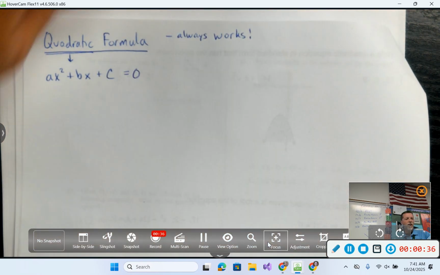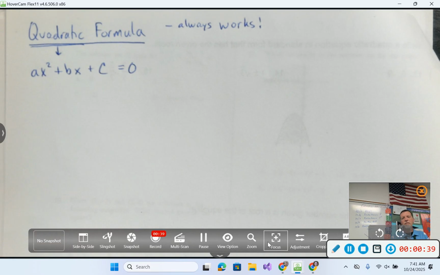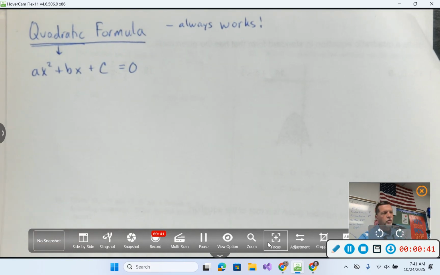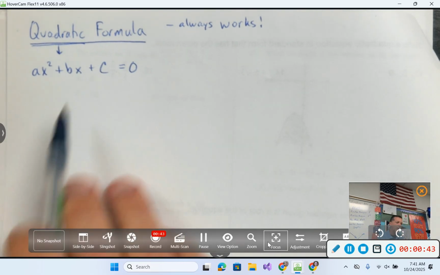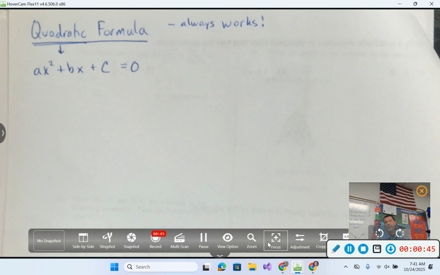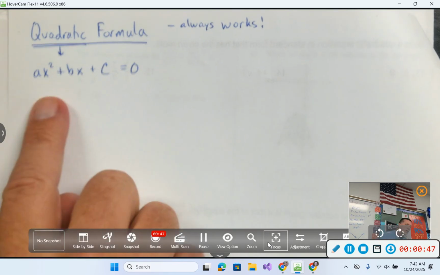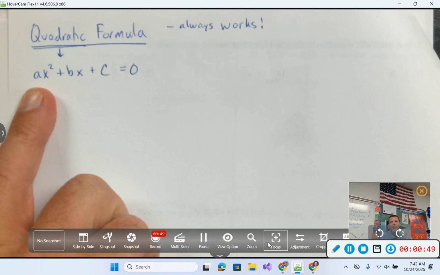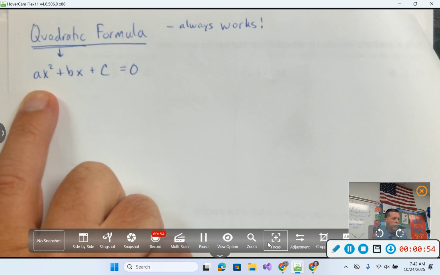Not everything factors, so that's sometimes annoying about factoring. You can't always use the square root method because sometimes there's an x in there. Completing the square always works, but sometimes it's annoying because if a is 3 or 7, you have to divide by that first. The quadratic formula always works.